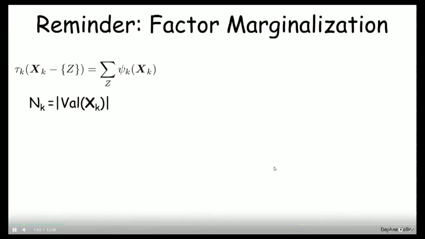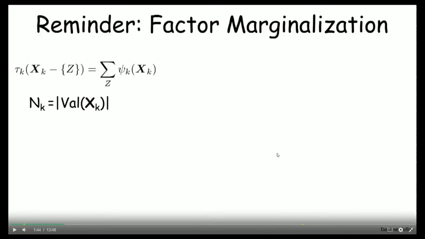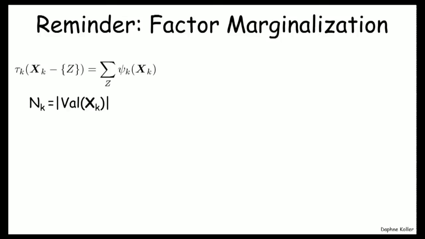So here we had a factor xk, we summed out z, and we end up with a factor whose scope is 1 less.